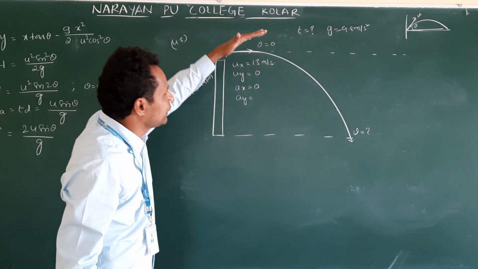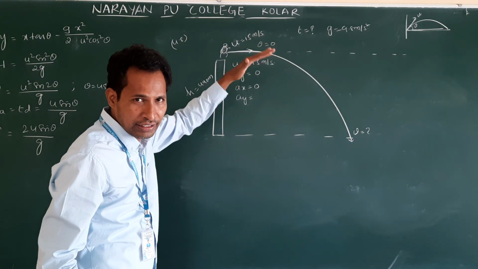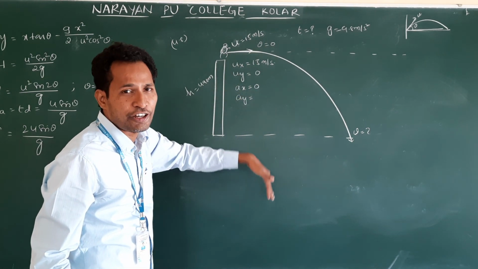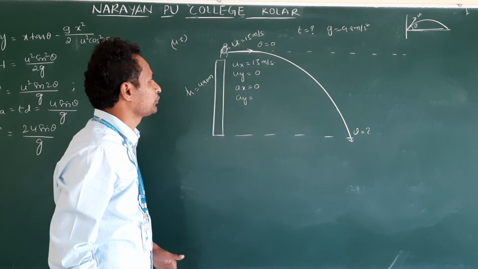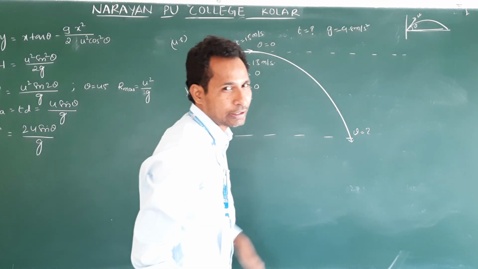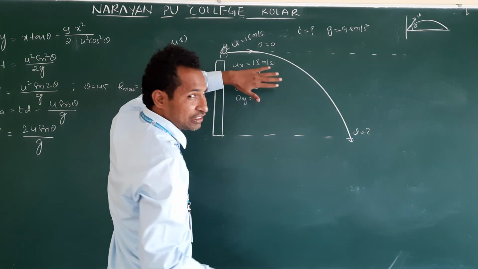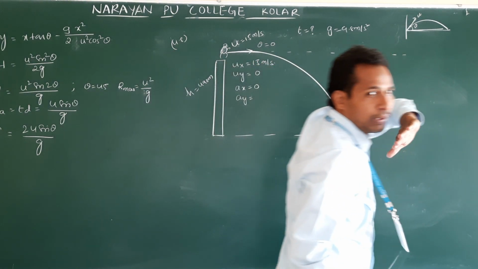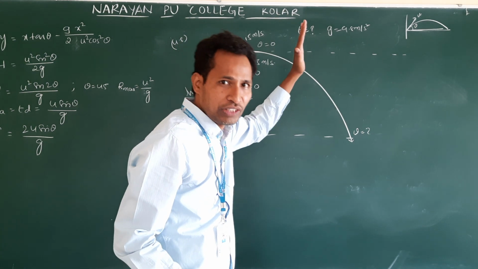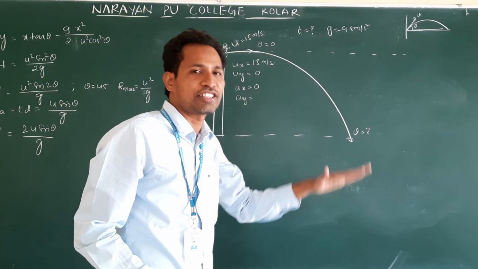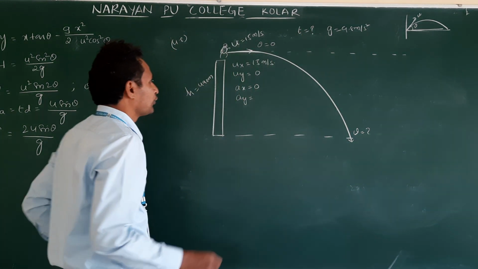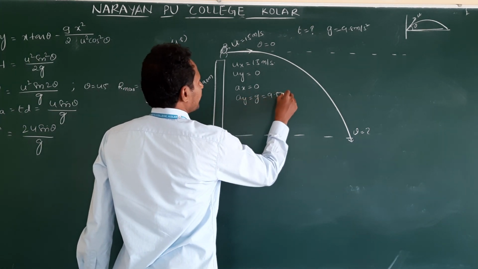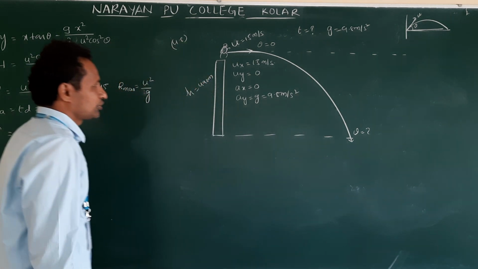There is an acceleration which acts along the vertical direction, towards the center of the earth, downwards. If it were horizontal, the object would not come down; it would follow a straight path. But all objects fall down, which means acceleration due to gravity acts downwards. So ay is equal to g, which is 9.8 meters per second square.